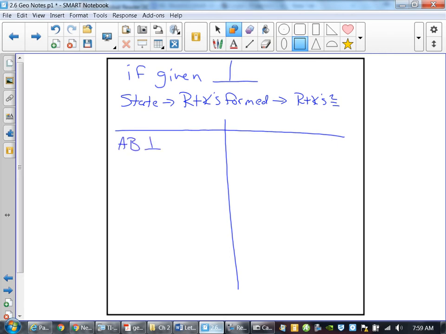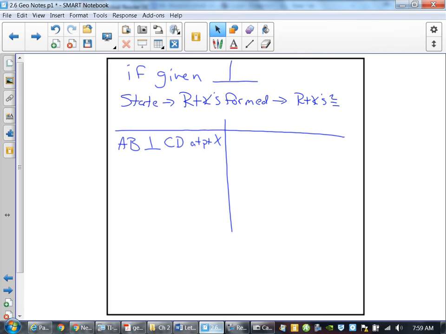AB is perpendicular to CD at point X. We'll just write it out like that. So before I get into what I'm going to state, what will that look like? AB is perpendicular to CD.